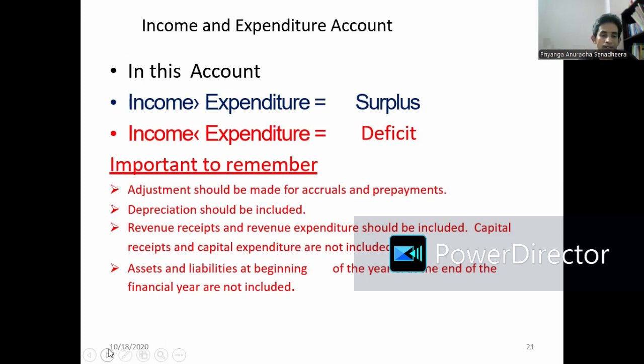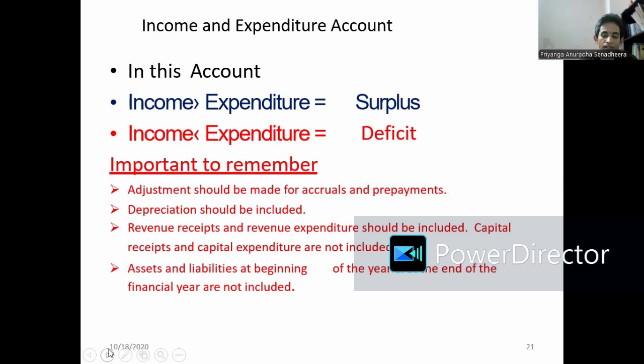Depreciation should be included, and revenue receipts and revenue expenditure should be included. Capital receipts and capital expenditure are not included. Assets and liabilities at the beginning of the year and end of the year are not included.